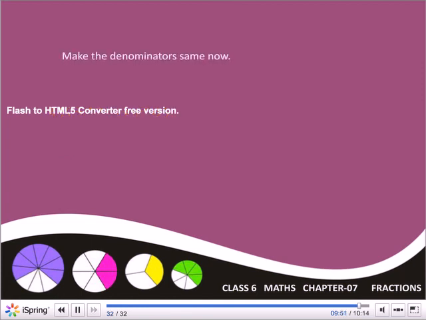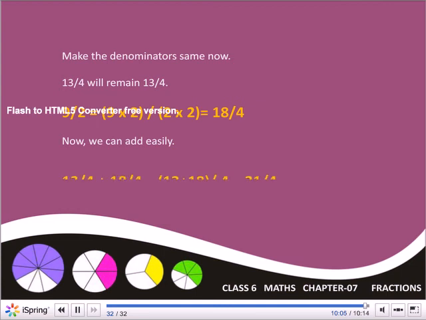Make the denominator the same now. 13/4 will remain 13/4. 9/2 is equal to 9 into 2 divided by 2 into 2, which is 18/4. Now we can add easily. 13/4 plus 18/4 is equal to (13 plus 18) divided by 4, which is 31/4.